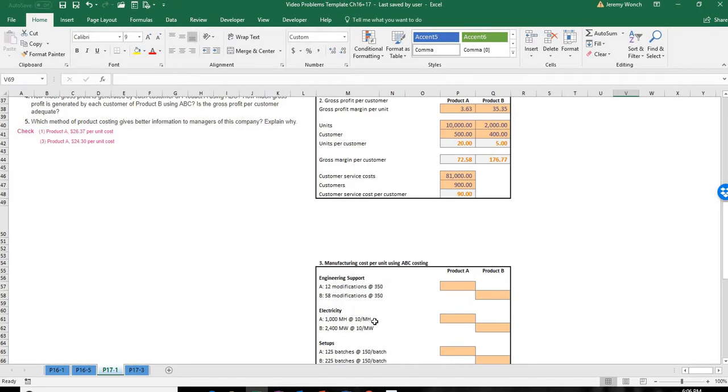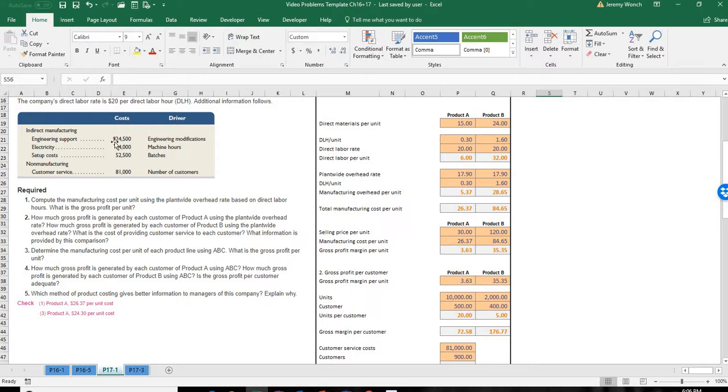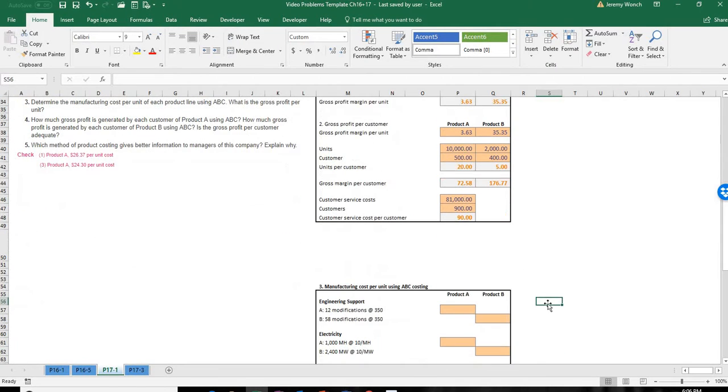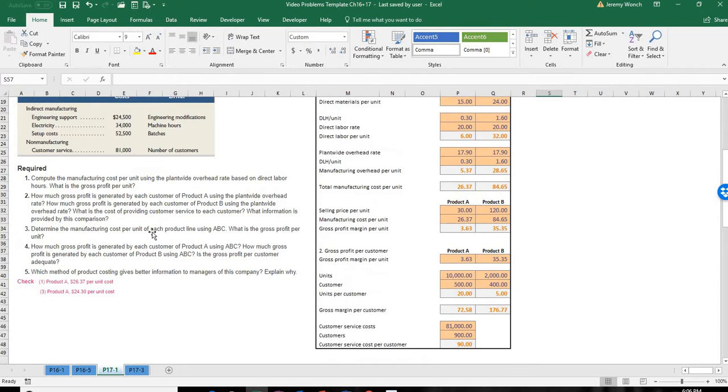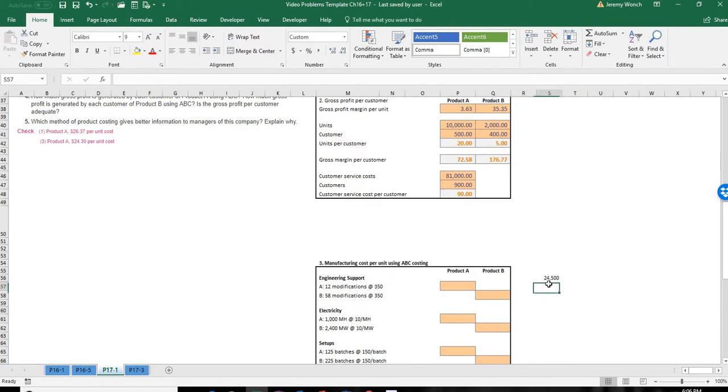All right, so we actually kind of have to back into this number. It tells us that we have engineering support costs of $24,500. So let's do $24,500. And for our modifications, we do 12 for product A, 58 for product B. So we do 70 modifications total.